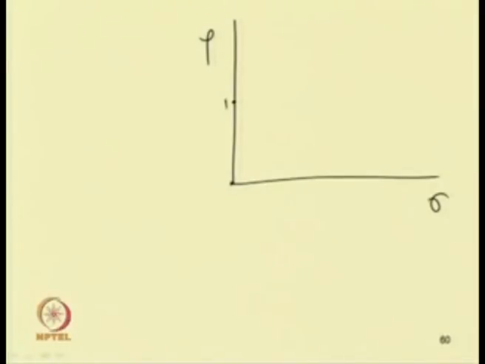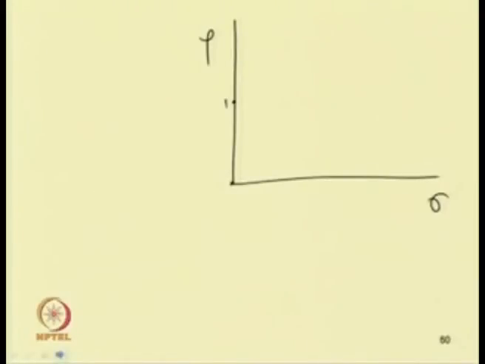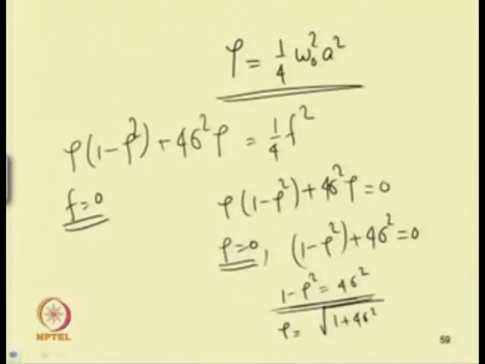If we go on increasing this value of f, the forcing parameter, one can find two different values of rho for a particular value of sigma, and one can plot this. So, one can get three solutions here.